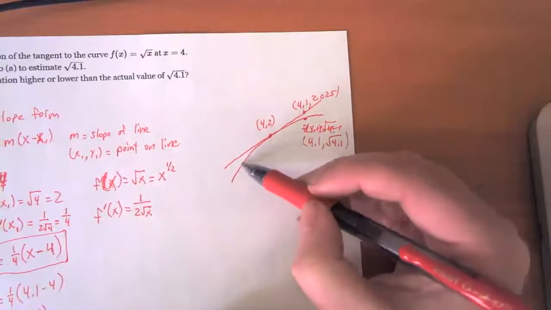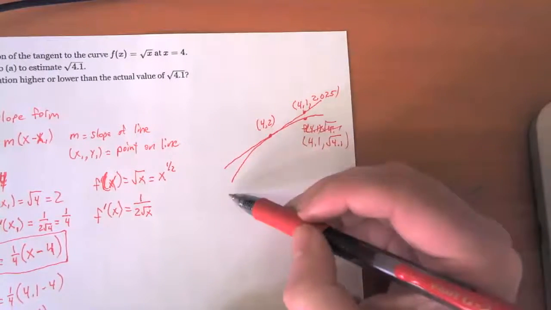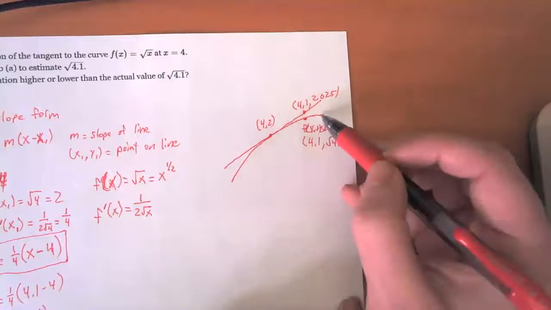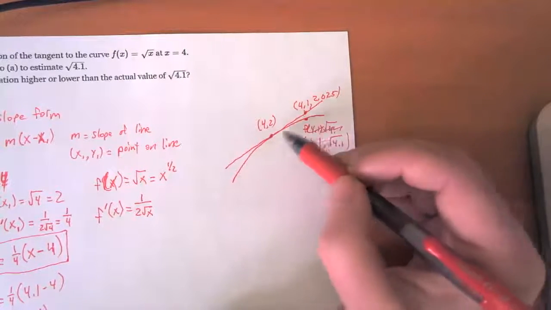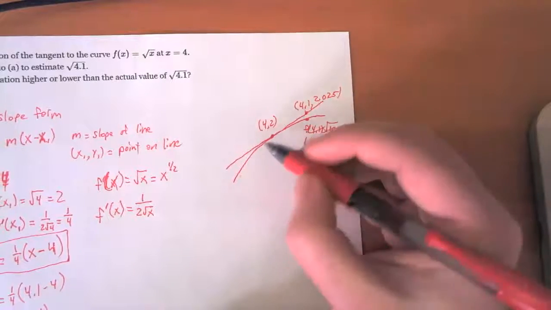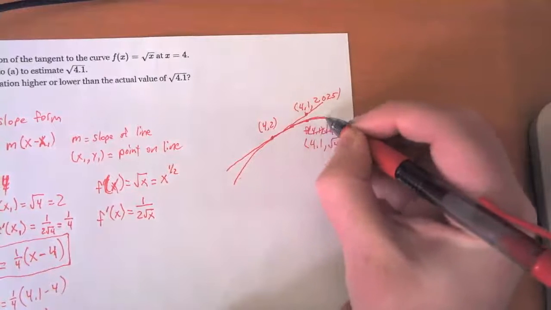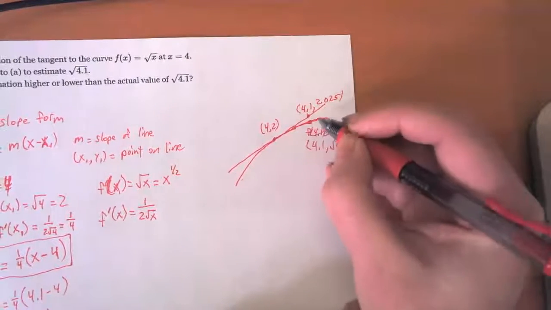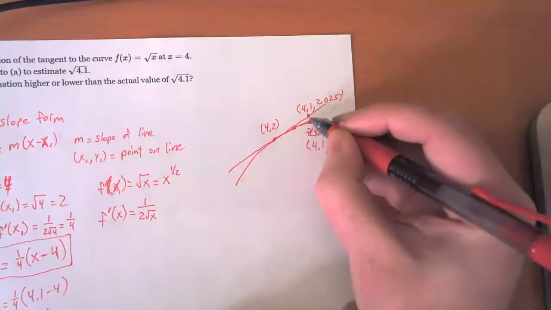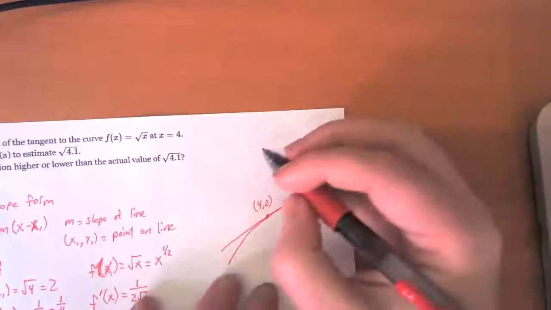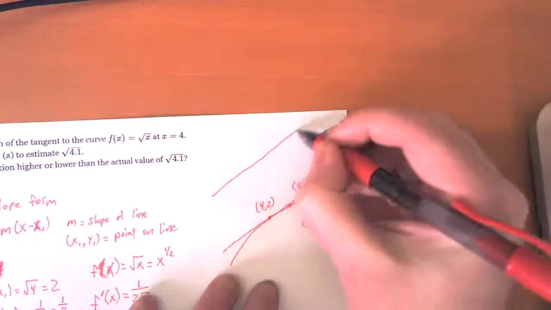Because I just happen to know that the graph of the square root of x is concave down at this point. And because it's concave down, it's going to twist like this, and so the value that I'm looking at is going to be below the line at this point. We'd have a different situation if we were using a function that was concave up.